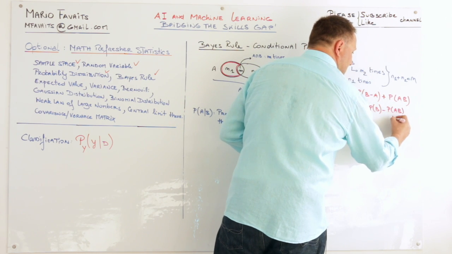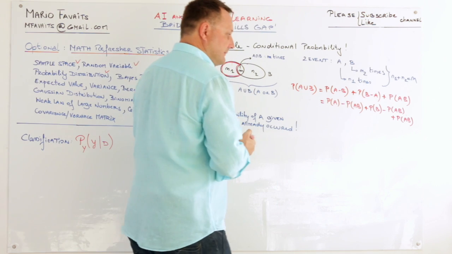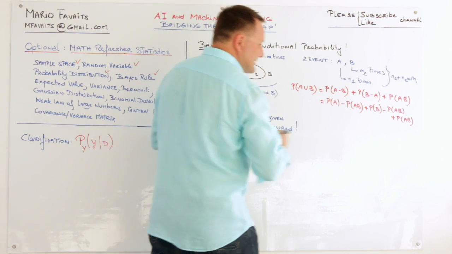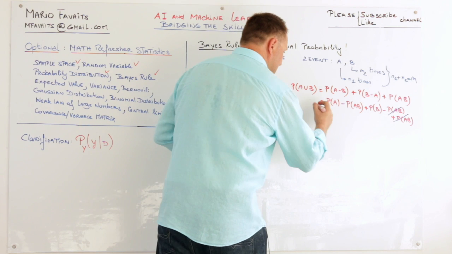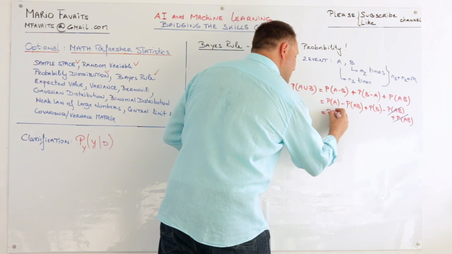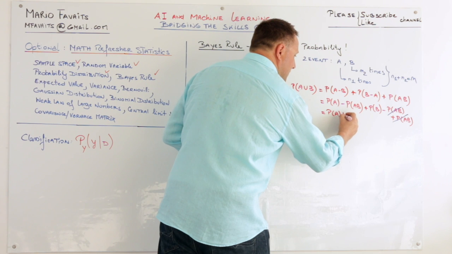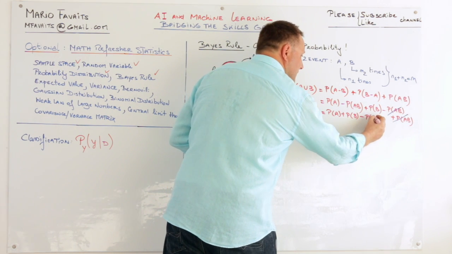And then we still have this plus P(AB) at the end. Now we see that this one and this one can disappear. So that means the chance that A or B happens is the chance that A happens plus the chance that B happens minus P(AB).